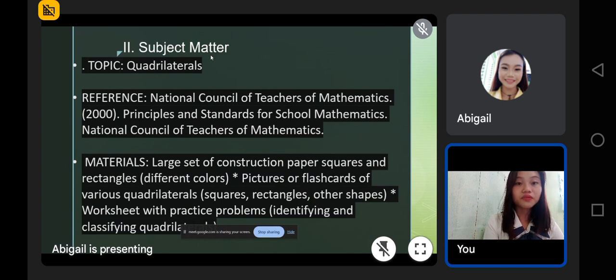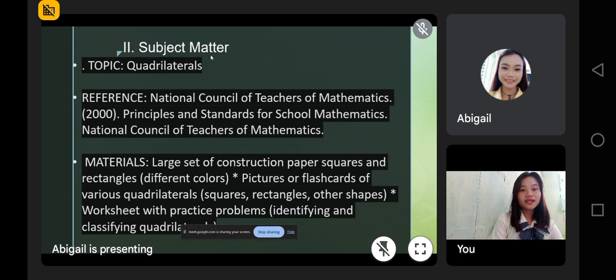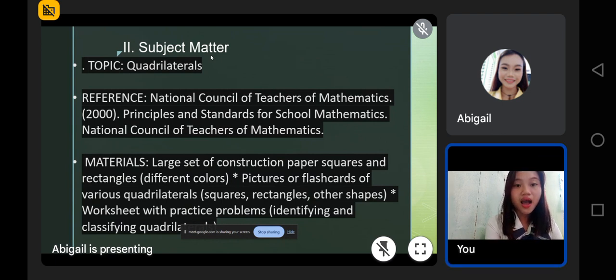For the materials, I will give the students a large set of construction papers, squares and rectangles in different colors, pictures or flashcards of various quadrilaterals, and a worksheet with practice problems identifying and classifying quadrilaterals.